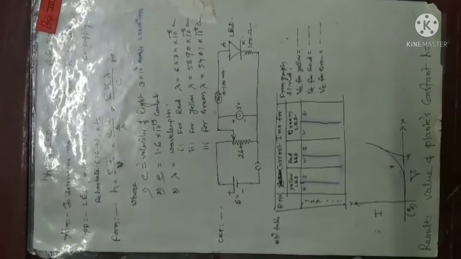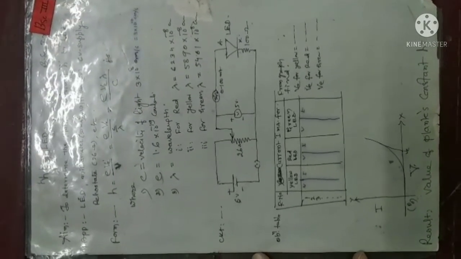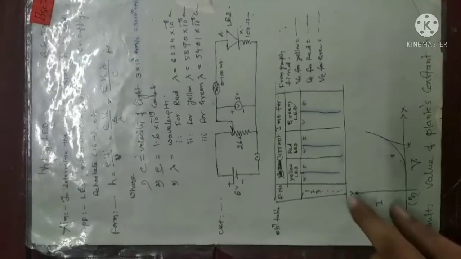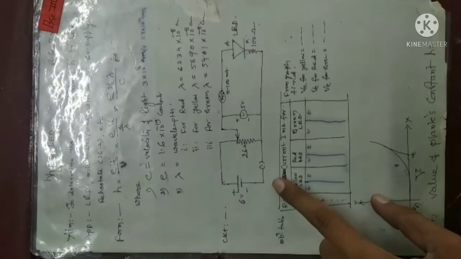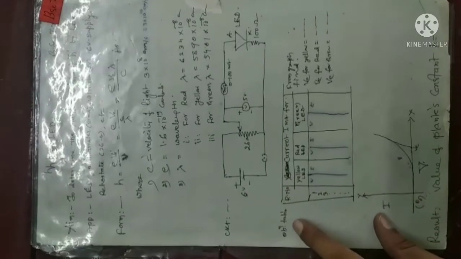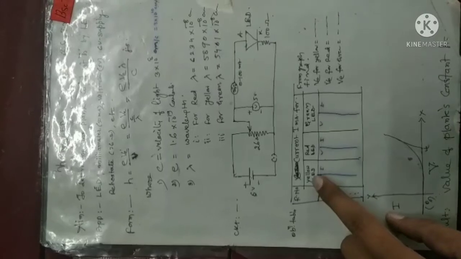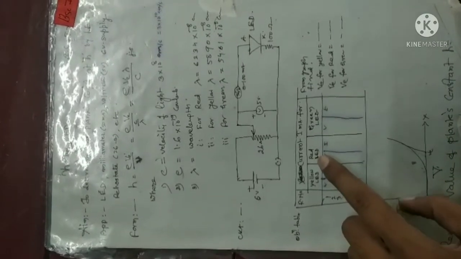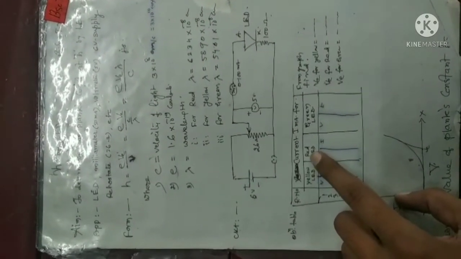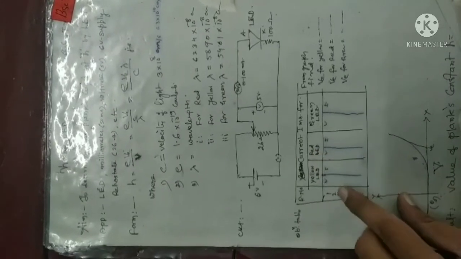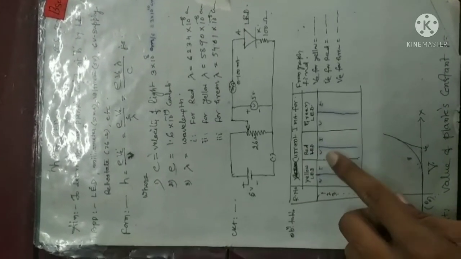The circuit diagram for the experiment is shown here, and the observation table here we are writing. We'll first take the observations for the red LED, and we will write here the voltage and the current.